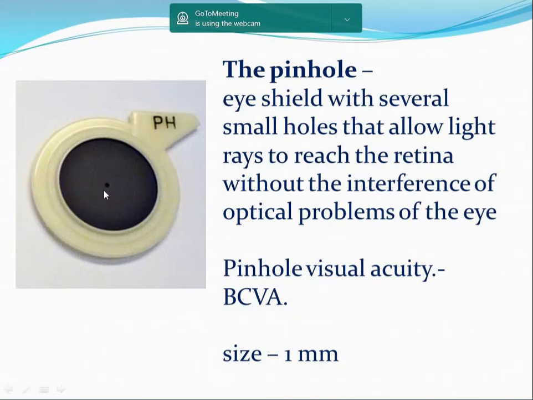This pinhole blocks all the light rays entering the eye and allows only the central small pencil of light rays. So all these rays are straight. They hit the principal axis. Any light ray passing through the principal axis of the eye does not undergo any refraction, isn't it?